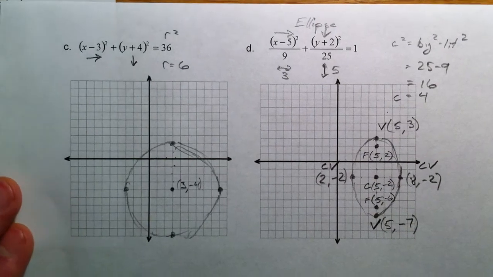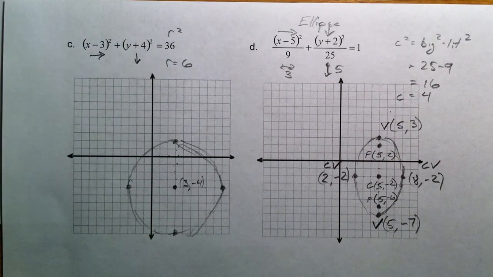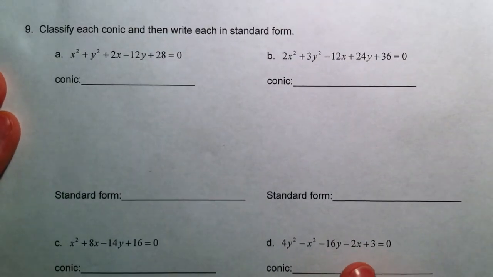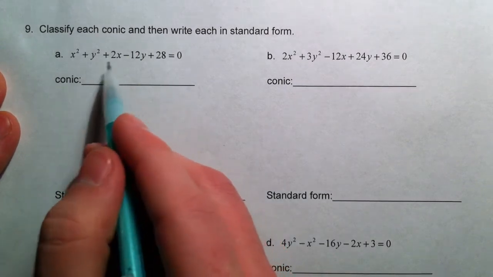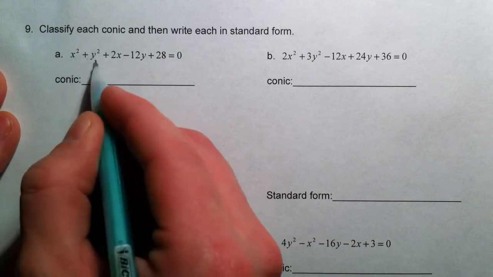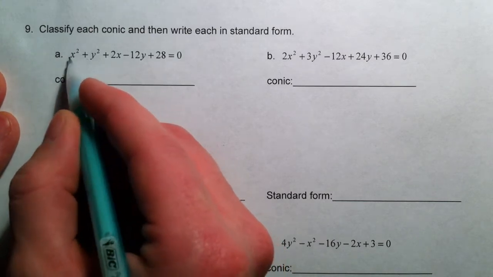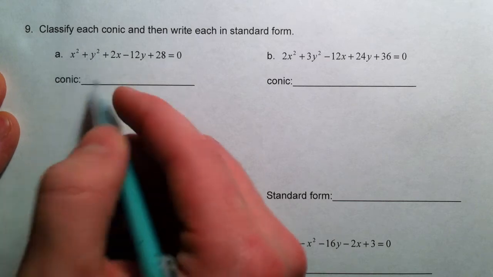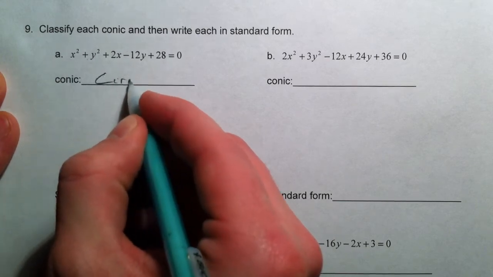Alright, so now on to complete the square over and over and over again. So these are the ones that we might find annoying, just because you have to complete the square, because they're not in standard form. So first off, x squared plus y squared. You know it's either a circle or an ellipse, but because these numbers are the same, we know it's a circle.